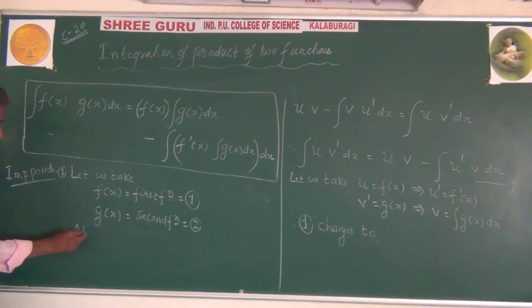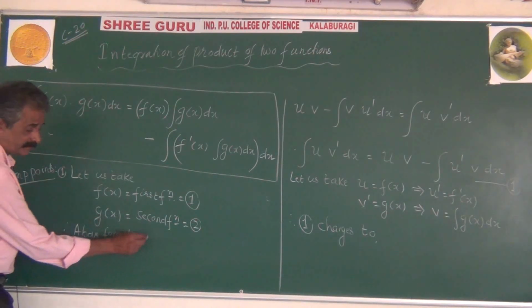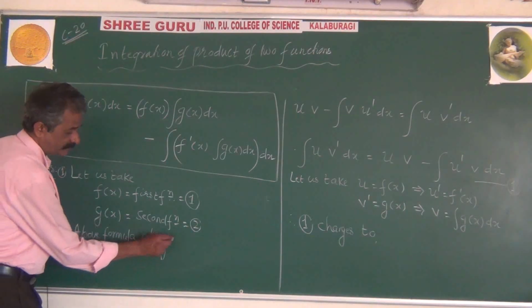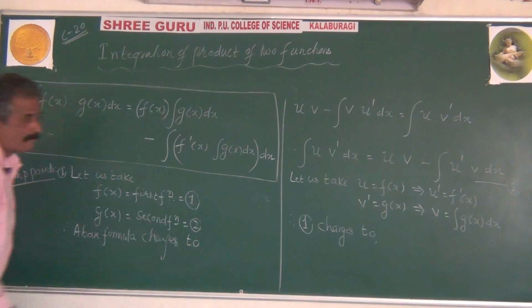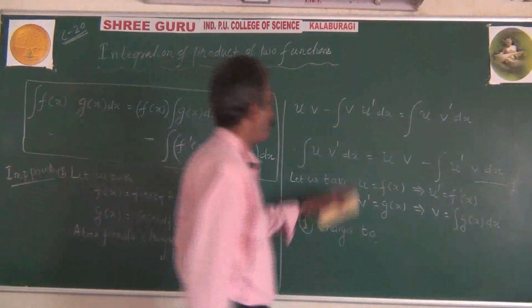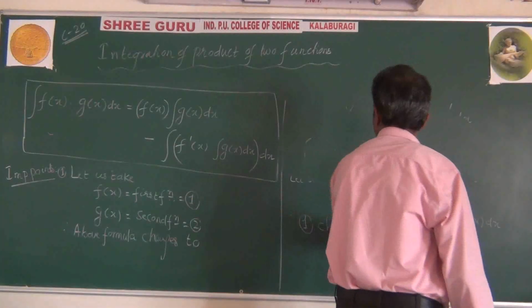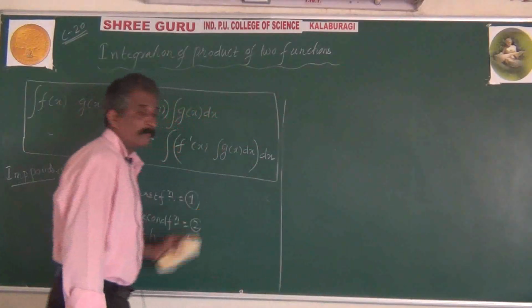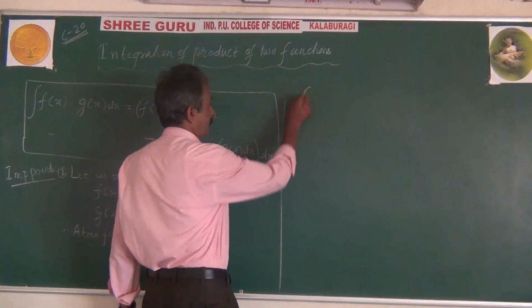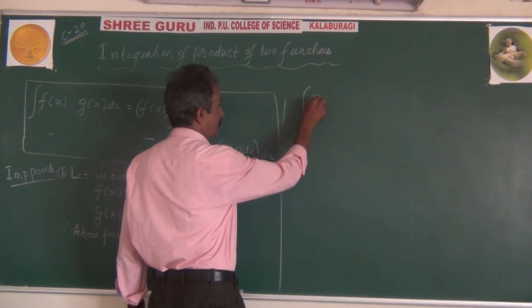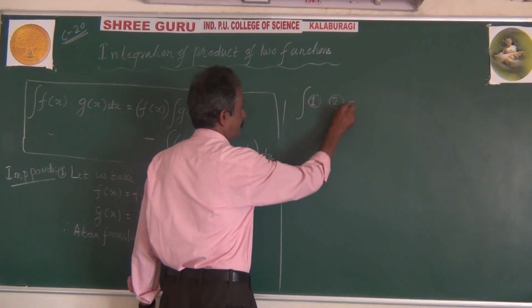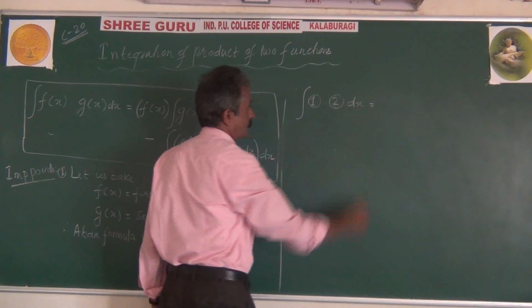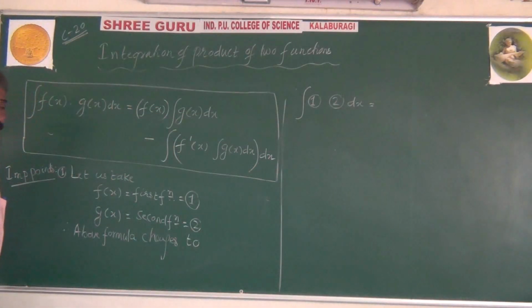Therefore, the above formula changes to, or becomes, as in this fashion: integration of first function into second function dx equals, 1 means first function, 2 means second function.